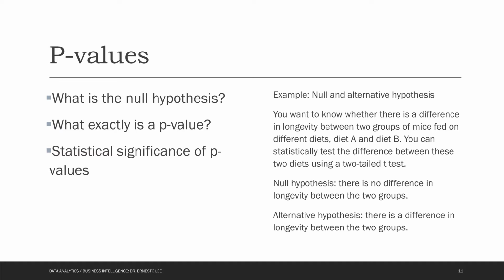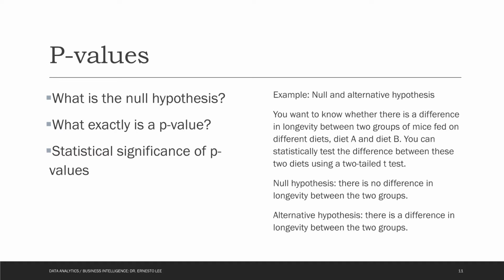P-values are often used in terms of hypothesis testing. With hypothesis testing, we're trying to decide whether to reject the hypothesis that there is no relationship between two columns of data. The smaller the p-value, the more likely you are to reject the hypothesis that there is no relationship between two features or two columns of data.